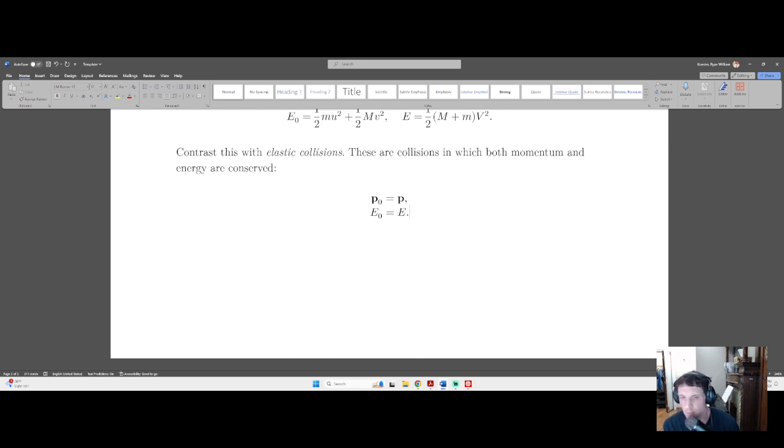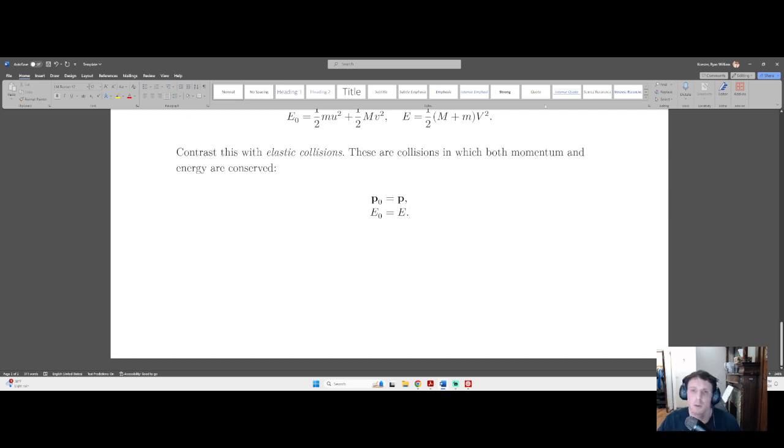That's very different from a situation in which energy goes into deforming the shape of the object. So you should hopefully have a little bit of an intuition for what could be an elastic collision, and what would be a perfectly inelastic collision.